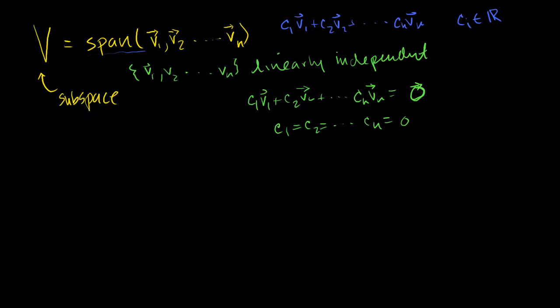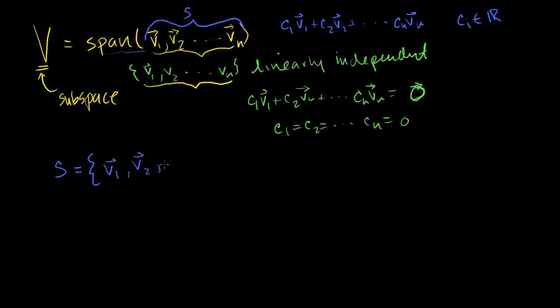Now, if both of these conditions are true, that the span of this set of vectors is equal to this subspace, or it spans this subspace, and that all of these vectors are linearly independent, then we could call this set of vectors S, where S is equal to v1, v2, all the way to vn.